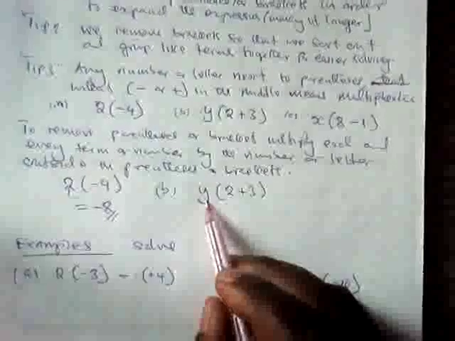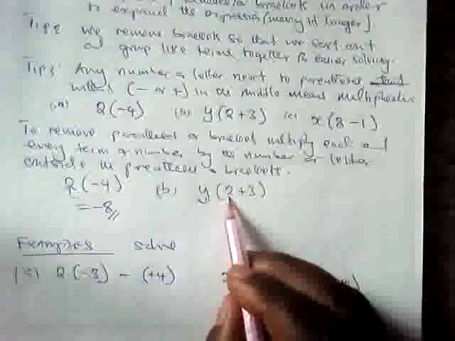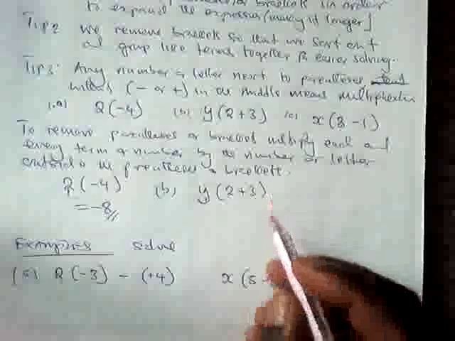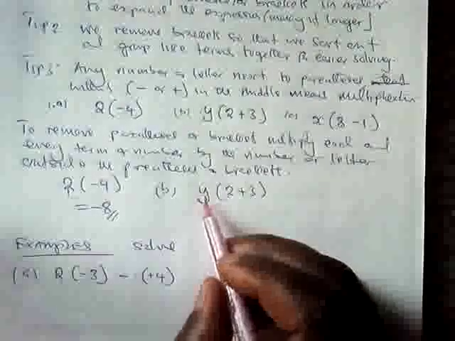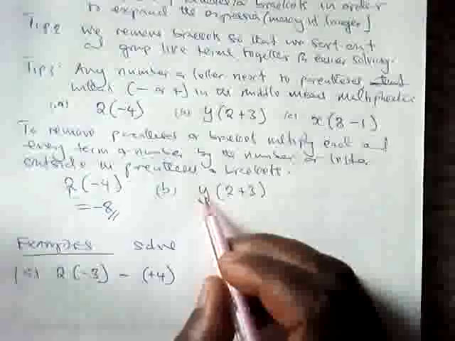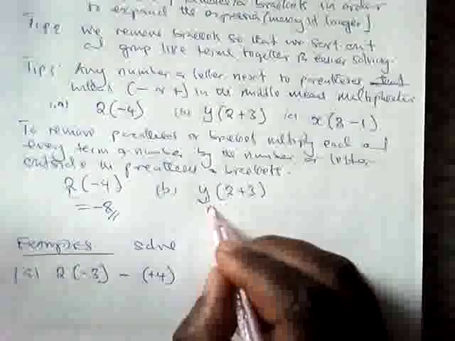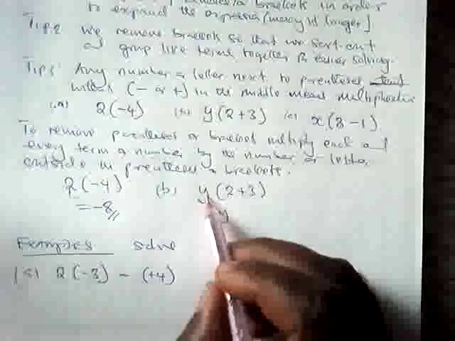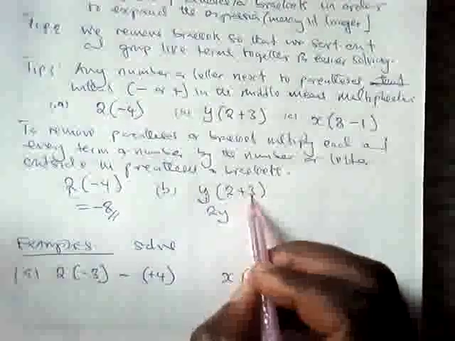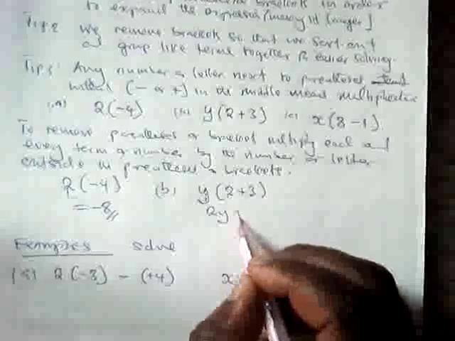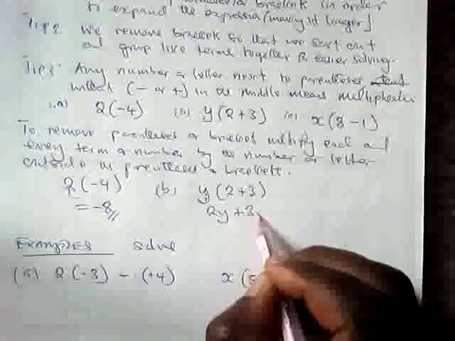What this means is that we multiply y by each and every term inside the brackets. So y times 2, that is 2y. Then we have y times 3, this is positive, so this is plus 3y.